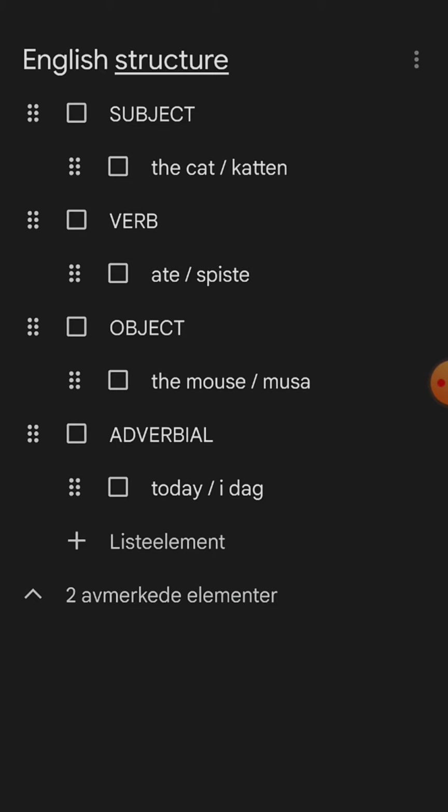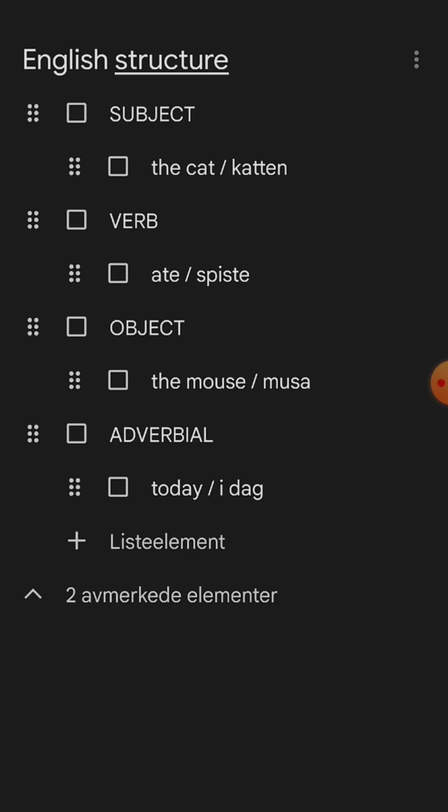So in this image, you can see we have the basic structure of an English sentence. We have a subject, a verb, and an object. The cat ate the mouse today. We're adding the adverbial at the bottom because we'll have some fun with that later. But actually, let's have fun with that right now.